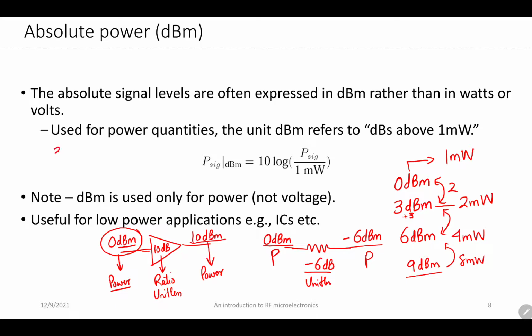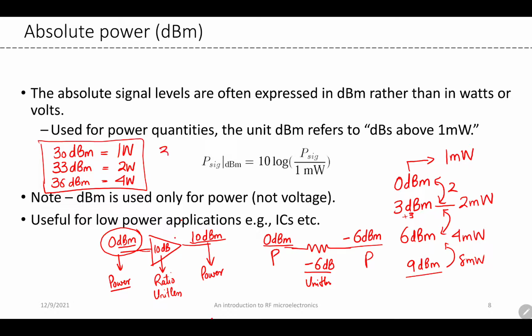For example, 30 dBm, as we mentioned, represents 1 watt. 33 dBm would then represent 2 watts. 36 dBm would represent 4 watts. It's a very important number to remember because it will help you with conversions.